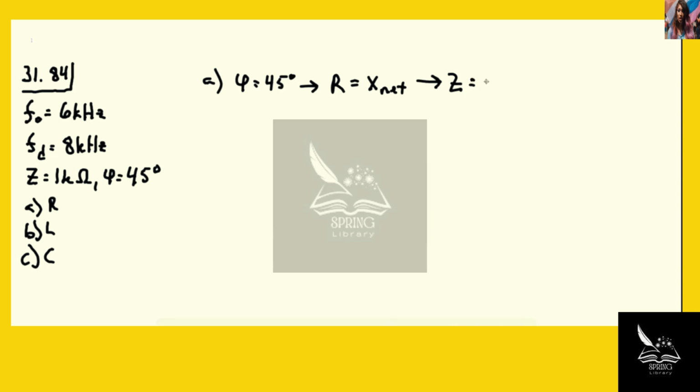And so then the impedance just becomes R times the square root of 2, because you have a thing plus itself under a square root sign, which gives you the 2, and it's all multiplied by an R squared, and so the R comes out. So then R is Z over the square root of 2, which is 707 ohms.